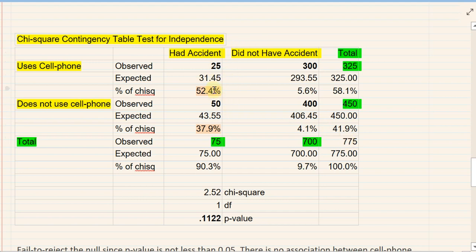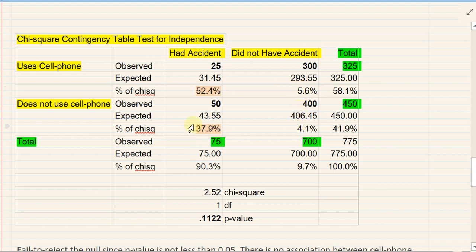You can get those percentages, by the way, if you want, in Megastat. I'll show you how to do that. But again, these are percentages that are contribution to total chi-square. So if you add 52, 38, 5.6, 4.1, these four percentages add to 100%.